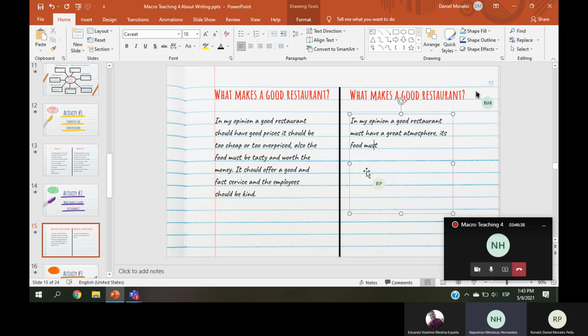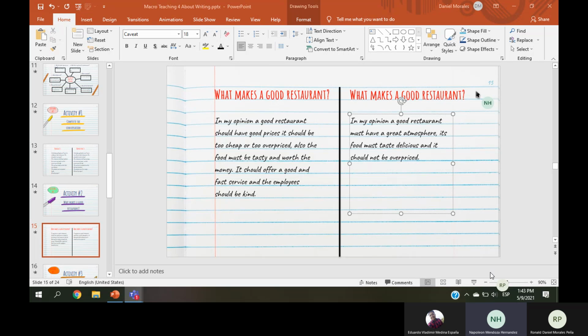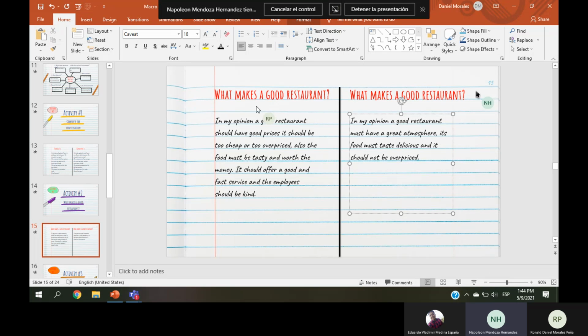Good. Also, it should have enough tables to eat, and the service must be good.